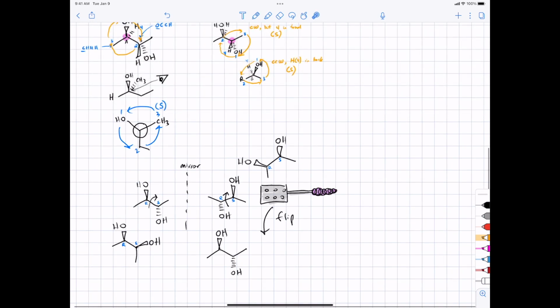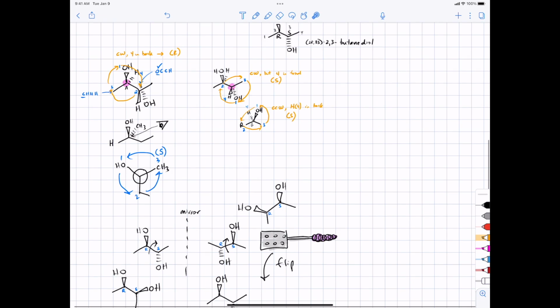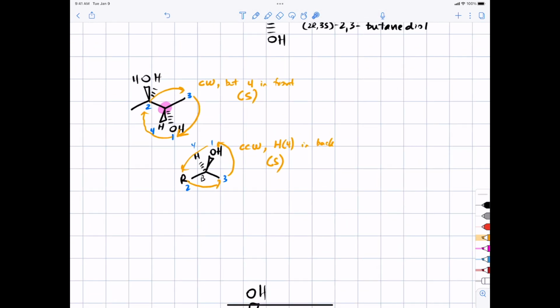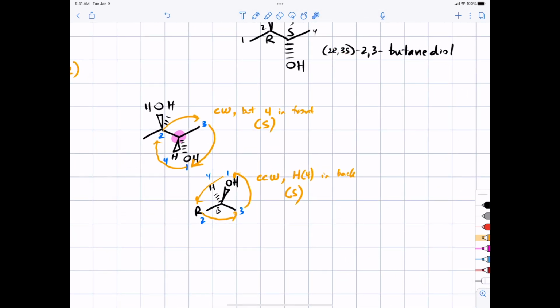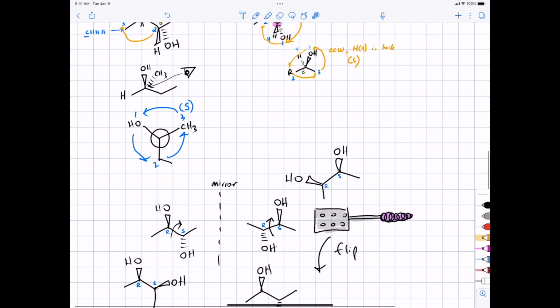And this is why earlier on I was saying that it actually doesn't matter whether we call it 2R3S or 2S3R. The molecule's totally symmetric, so carbons 2 and 3 are equal to each other anyway.